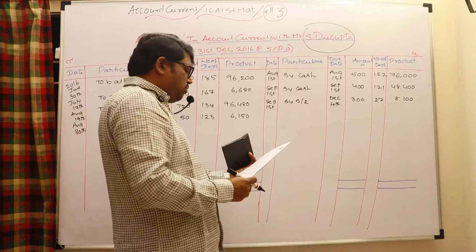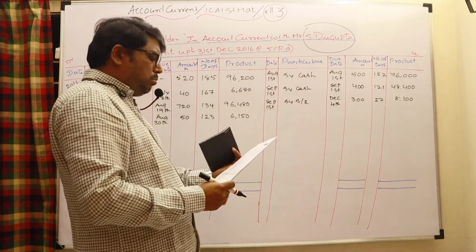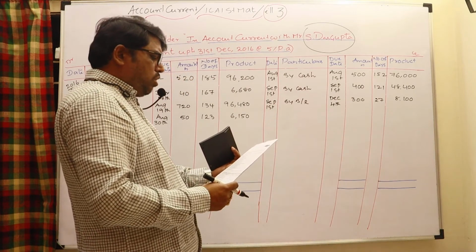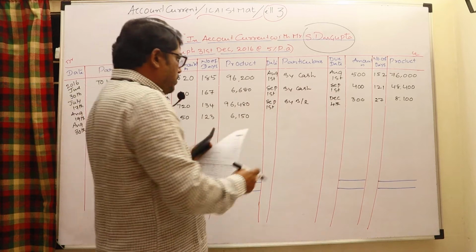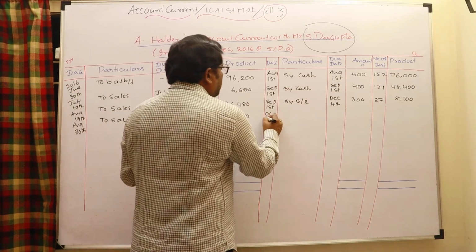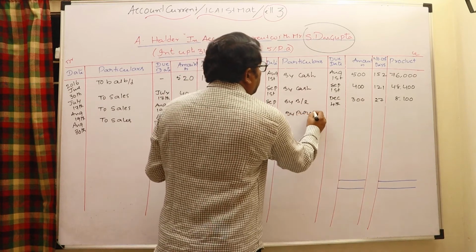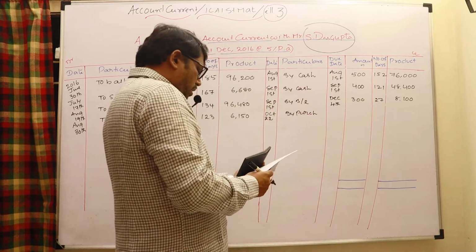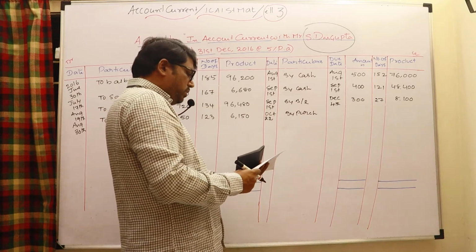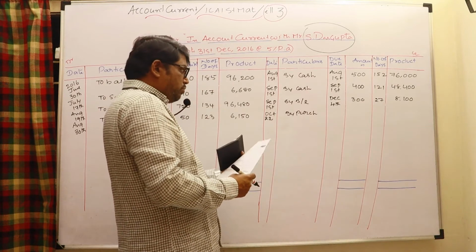8,100. Next one, October 22nd, goods bought from a holder, purchased to holder. In the holder by purchases, October 22nd. Amount involved is 20 rupees.